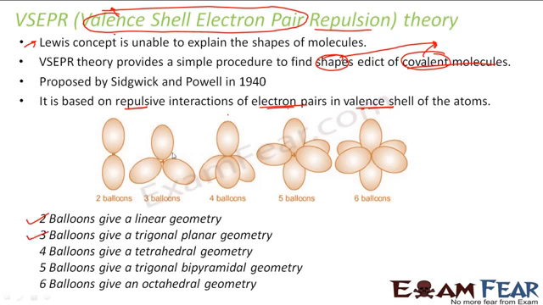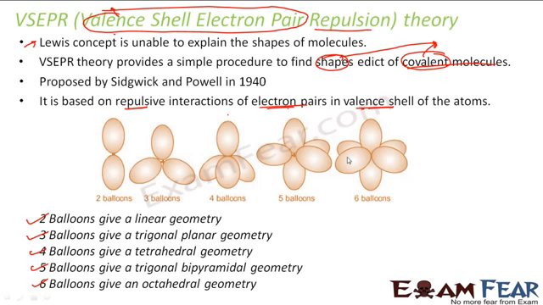You can try it at home also. If you put four balloons of the same size, they will try to take a tetrahedral shape. If you put five balloons, the natural shape will be the trigonal bipyramidal shape. If you have six balloons, they will try to take an octahedral shape. That will be the natural shape of six balloons of equal size.